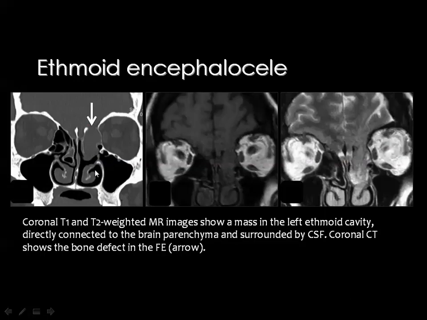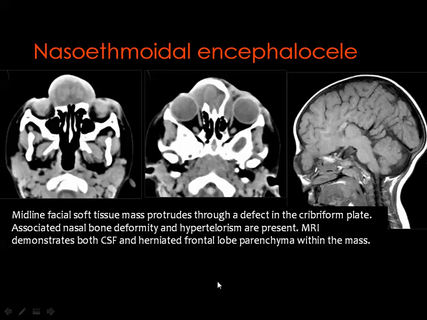In this coronal CT, you can see an opacity here with a defective area in the region of the fovea ethmoidalis, and the coronal MRI T1 and T2 can clearly demonstrate the presence of brain tissue as well as some of the CSF in the encephalocele.